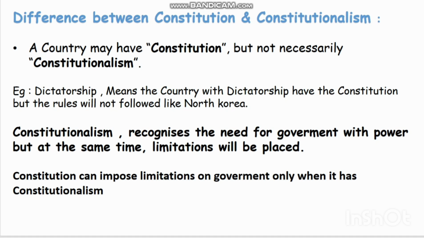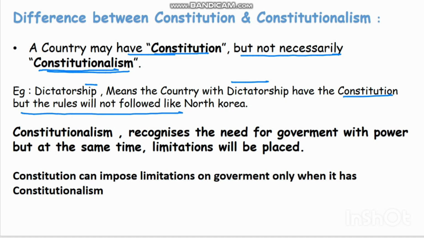So we have learned what is meant by constitution, but we need to know what is meant by constitutionalism also. A country may have a constitution, but not necessarily constitutionalism. Countries with dictatorship have a constitution, but the rules will not be followed by the dictator.